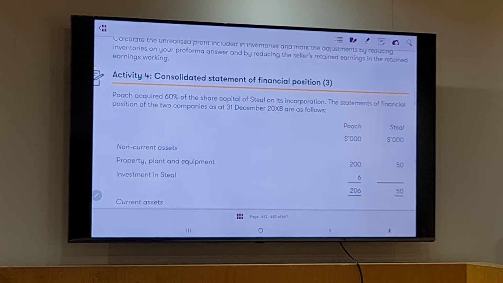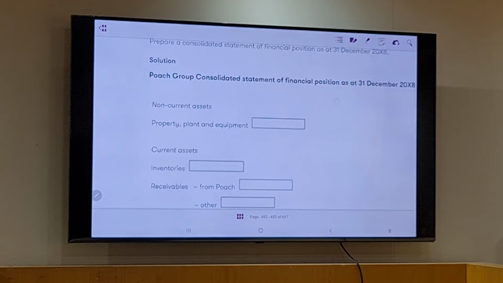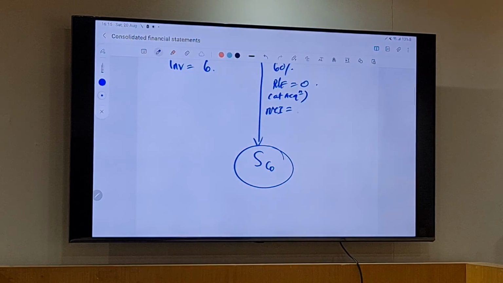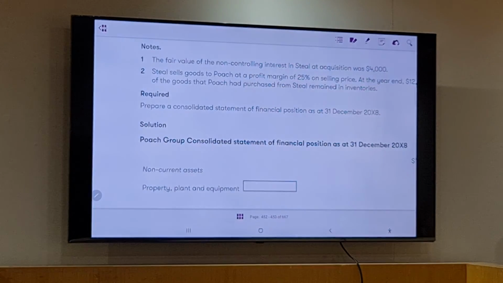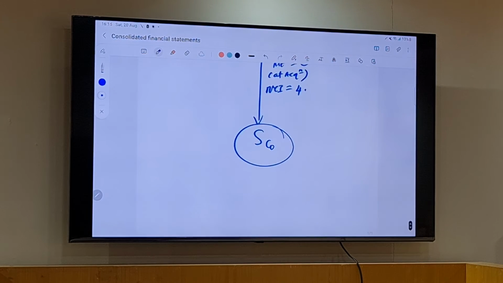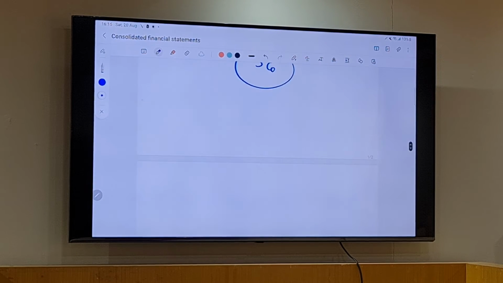The fair value of the non-controlling interest is 4,000. Any other information we can pick? That's all. So this is the information to calculate now.